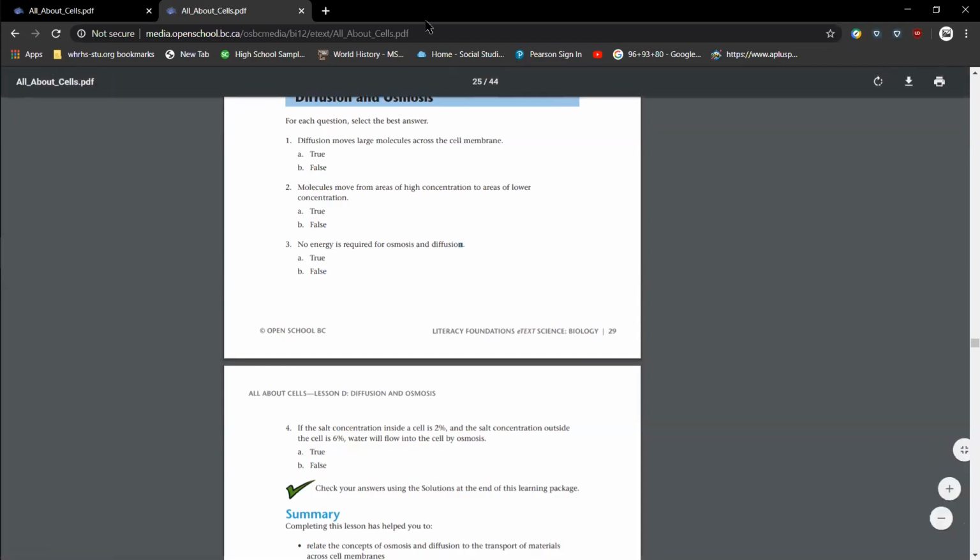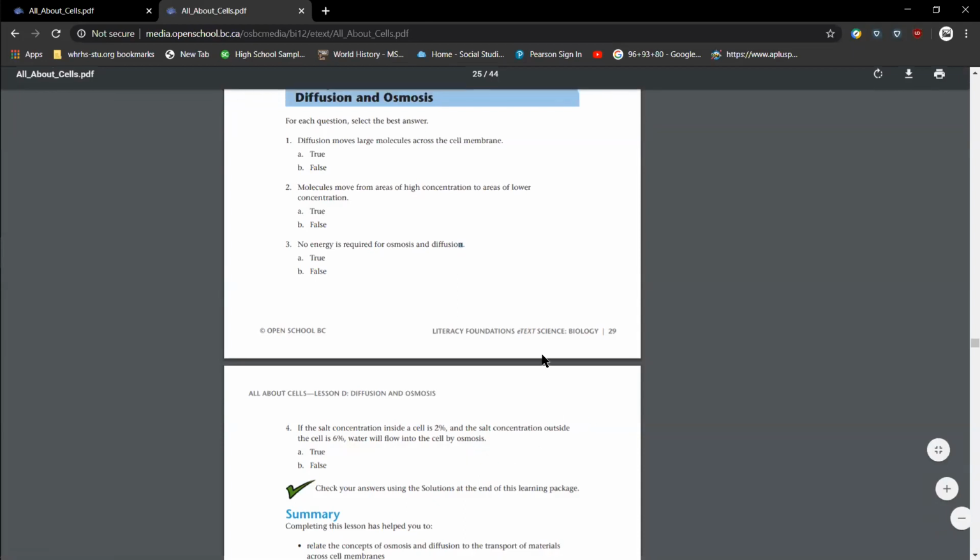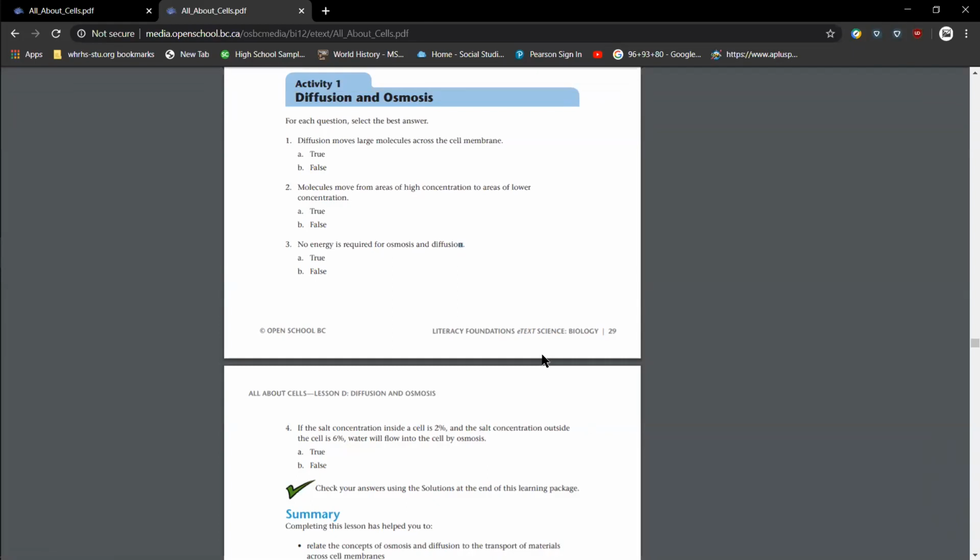Okay, so the answer here was, wait, I don't remember what the answer was. Okay, the answer was false, actually. And this is what we're going to get into. The salt concentration inside the cell is 2%, and the salt concentration outside the cell is 6%.